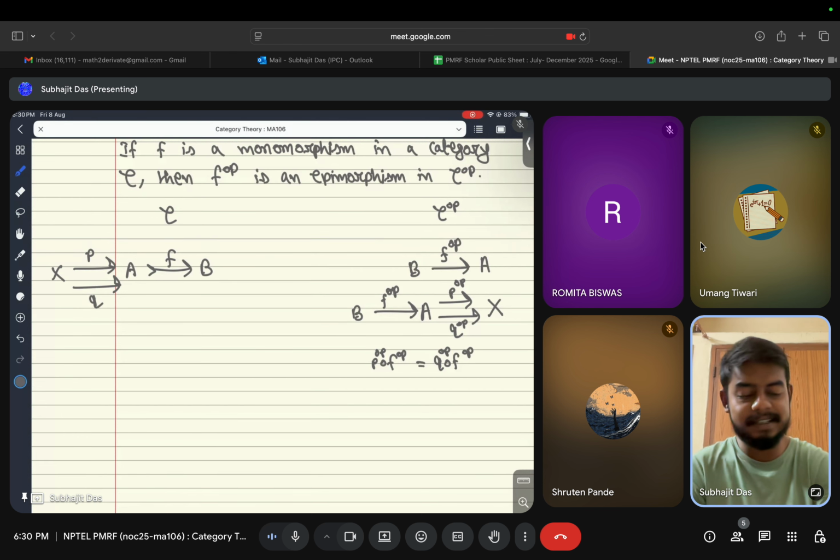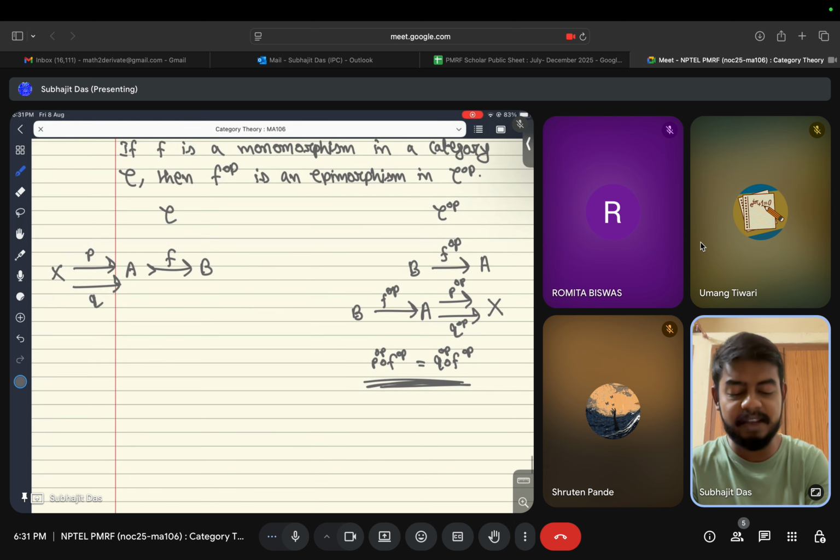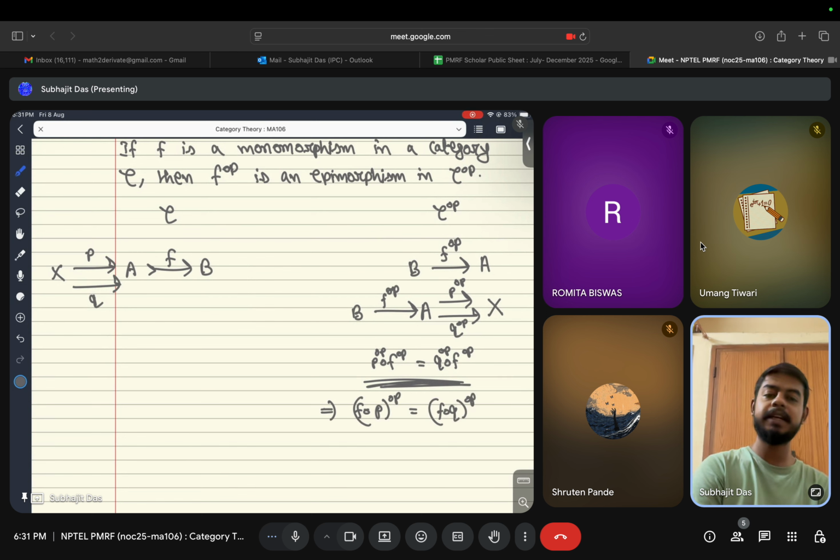And what does this statement tell you? It says that P op composed with F op is Q op composed with F op in the opposite category C op. How are compositions really defined in the opposite category C op? We have seen this in the past 2 weeks, that this is exactly F composed with P op, which is F composed with Q op, right? This is what it essentially means.